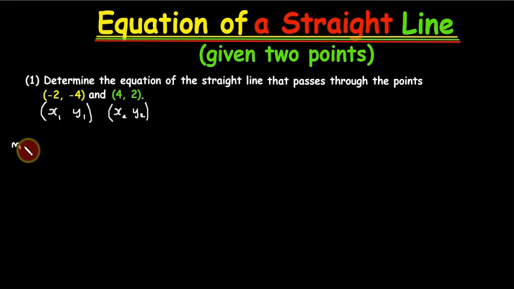So the gradient of a straight line is y2 minus y1 over x2 minus x1. The rise over the run. So our gradient, our y2 is 2.